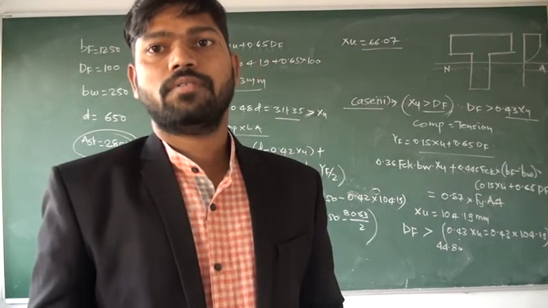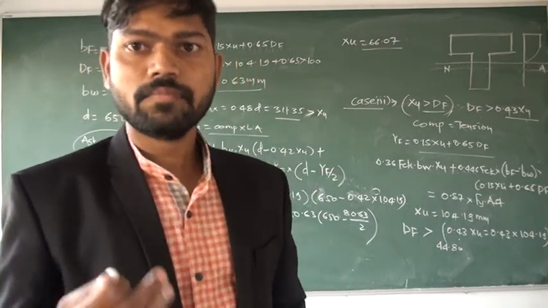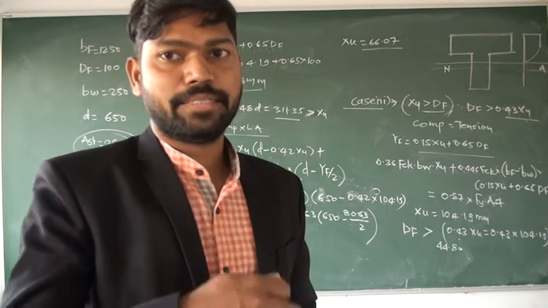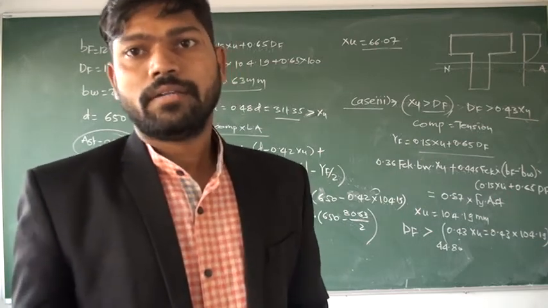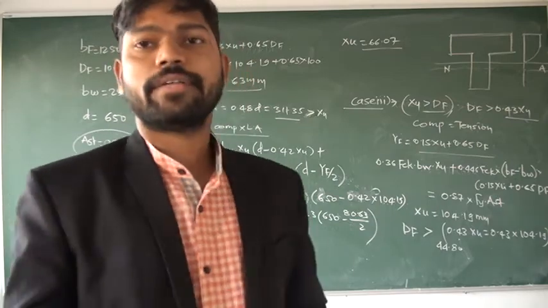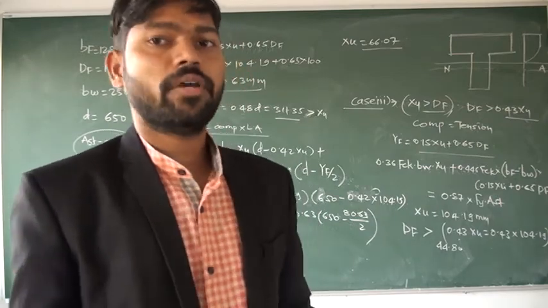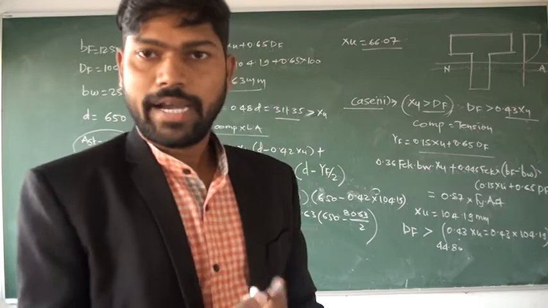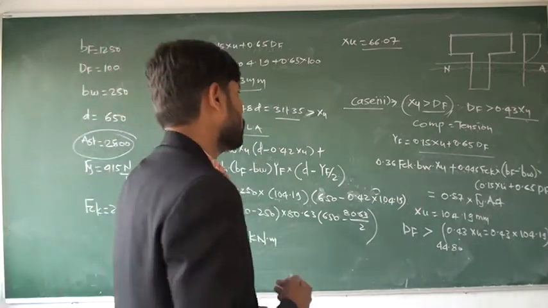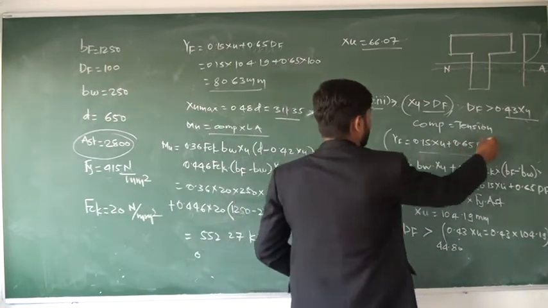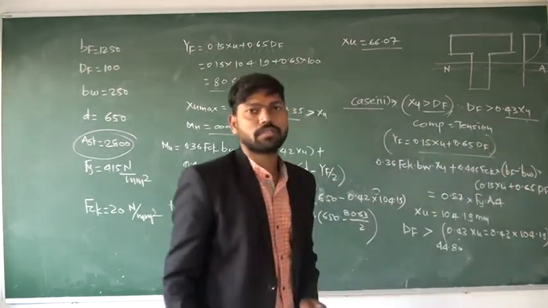Okay. So how have we proceeded for this example? First we checked whether it is in case number 1. Then we assumed that it is in case number 2 and cross-checked the value of xu with our assumption. Then we concluded that it is not in case number 2 either. So then we assumed that it is in case number 3 and again calculated the xu value. But for this we have to introduce one term, that is yf, which is the characteristic of case number 3.